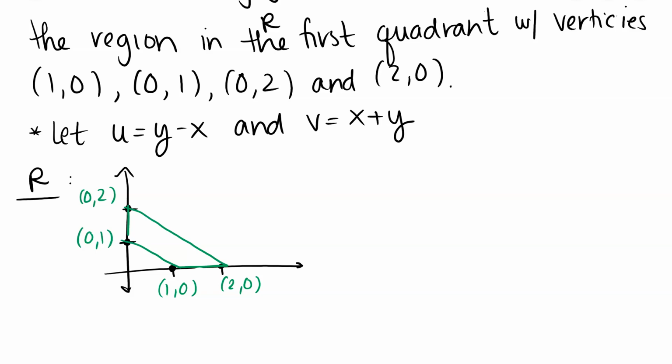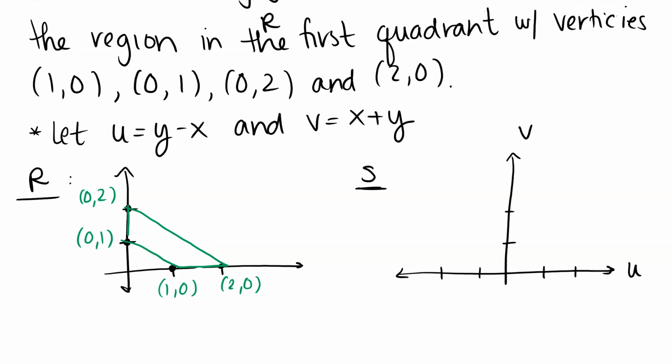So let's see what we're going to get for S under u equals y minus x and v equals x plus y. Because I know what's going to happen, I'm going to give myself a little more room. Let this be u, let this be v, and I'm going to need 2.